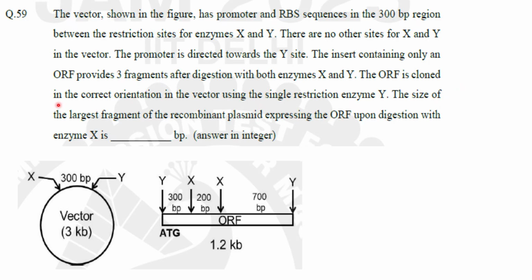The ORF is cloned in the correct orientation in the vector using the single restriction enzyme Y. So you cut this vector with Y and insert this ORF into the vector.